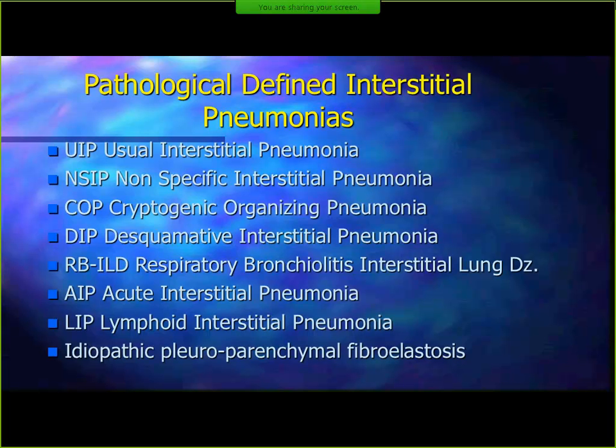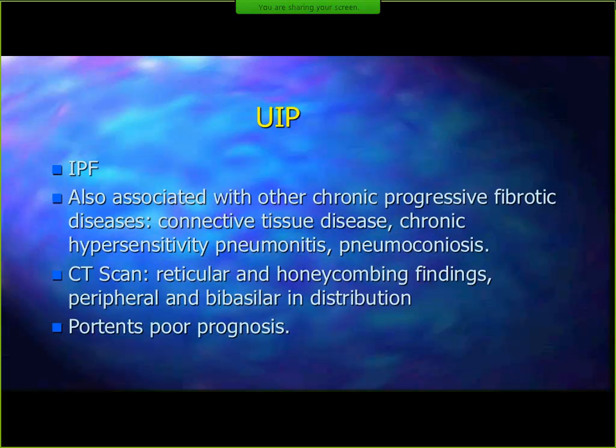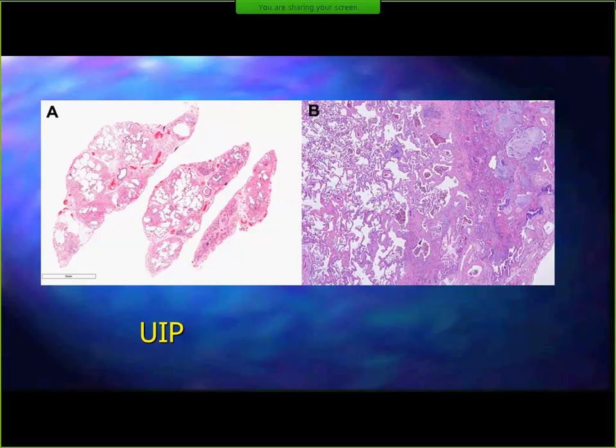So those 8 patterns: 2 of them related to smoking, these 2 related to fibrosis, and this one with a benign progression. We already spoke about idiopathic pulmonary fibrosis. Poor prognosis. This is what the biopsy looks like.